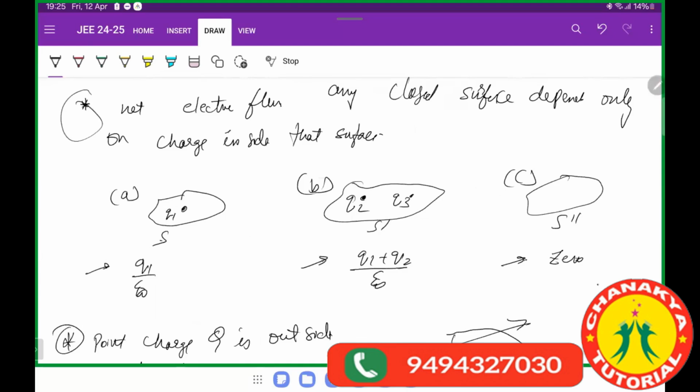If there is one charge, it will be Q1 by epsilon naught. If there are two charges, it will be Q2 plus Q3 by epsilon naught. If there is no charge, it will be 0.